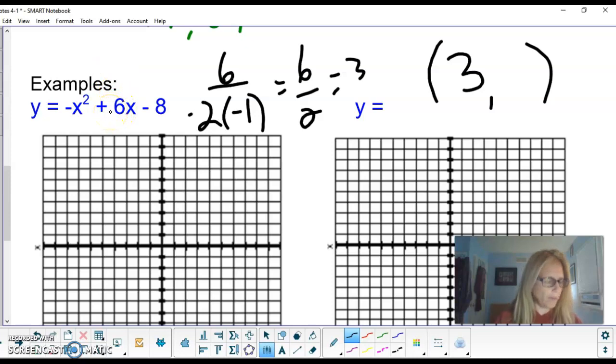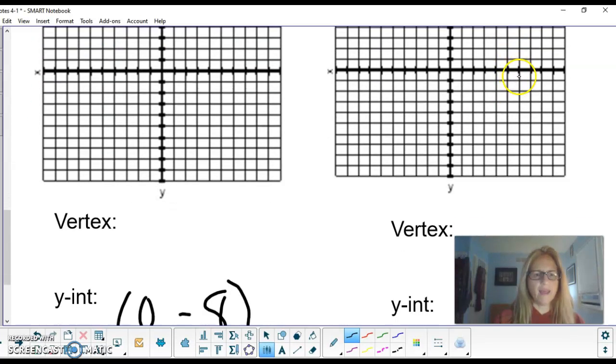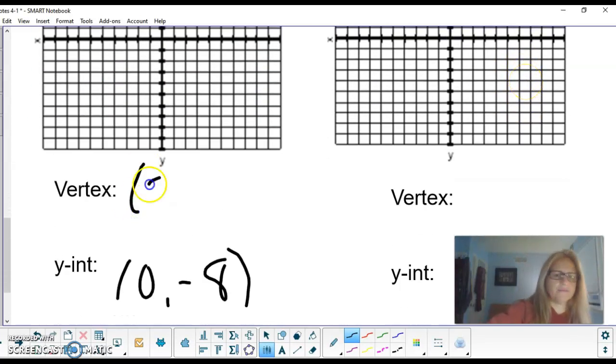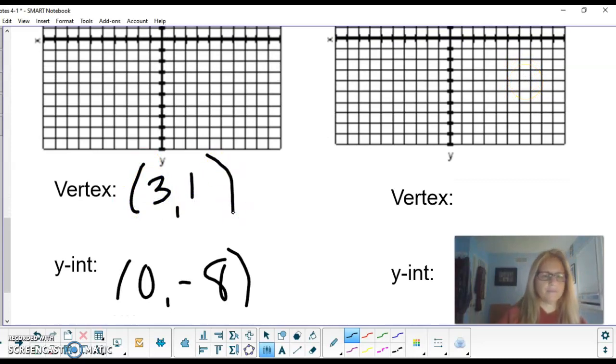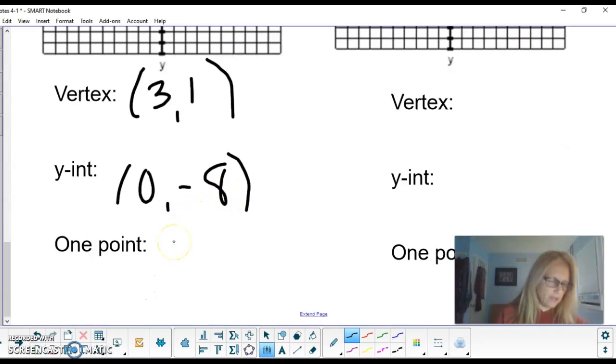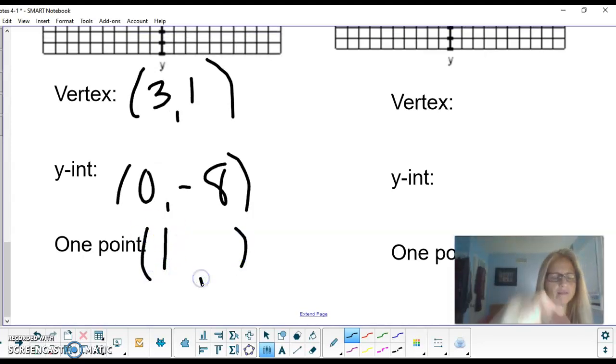All right, so I'm hoping everybody got (3, 1). And then you need another point. Let's use 1. So go ahead and find what value of the y would be. And I hope everybody got -3.